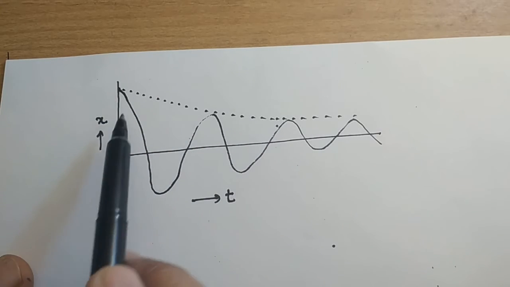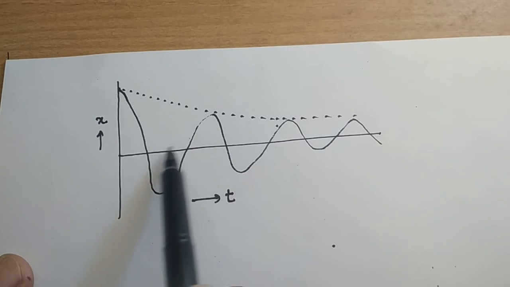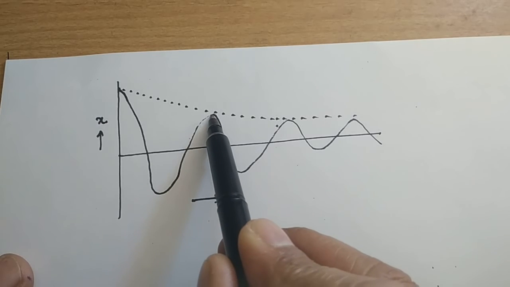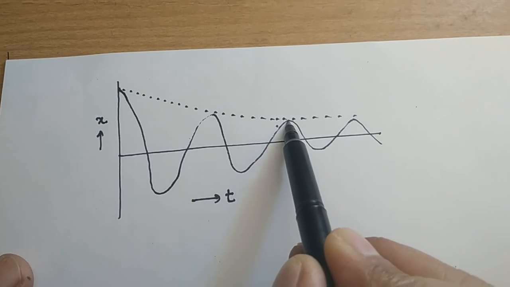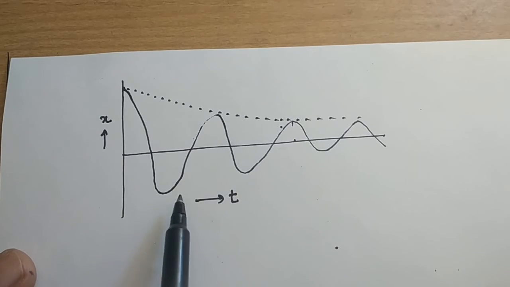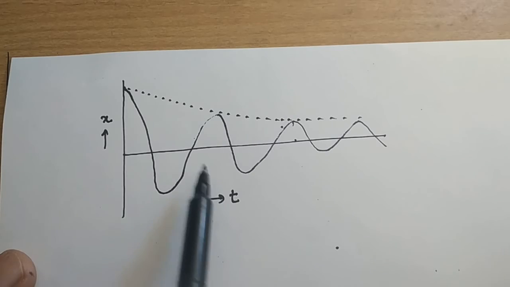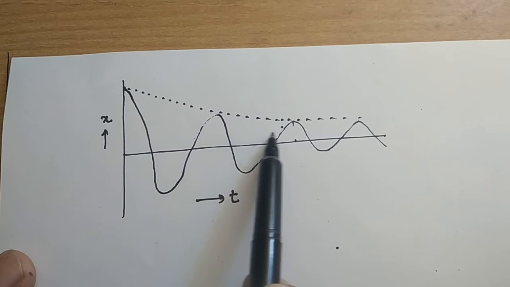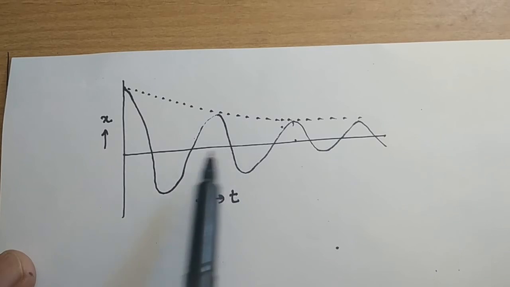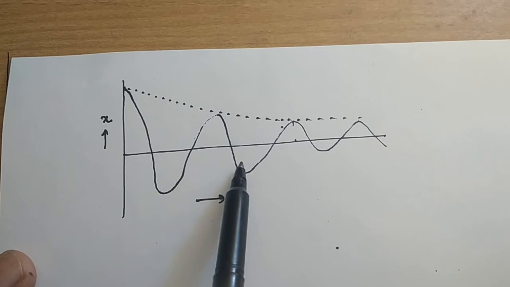The amplitude here is this much, and in the next wave the amplitude has decreased, and again it is decreasing. Therefore this is the actual diagram for the damped mechanical oscillator, in which the amplitude continuously decreases, as shown by the solution of the differential equation.